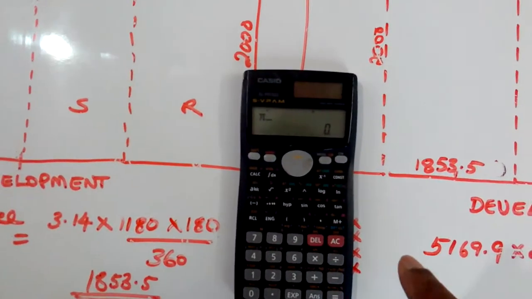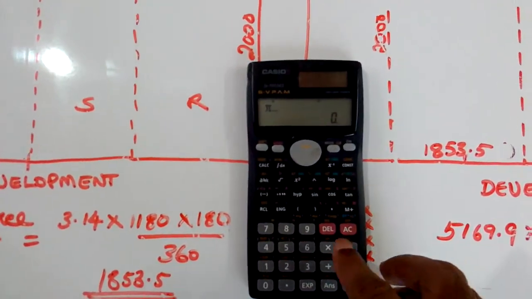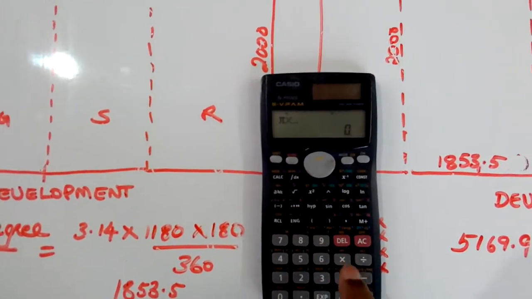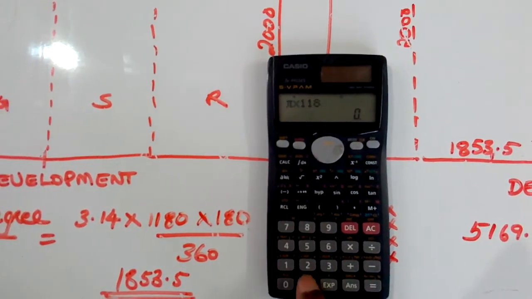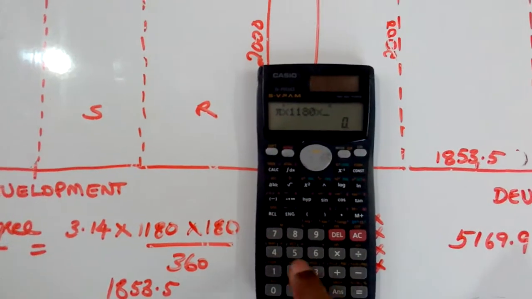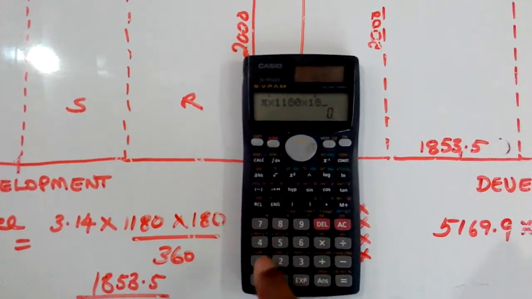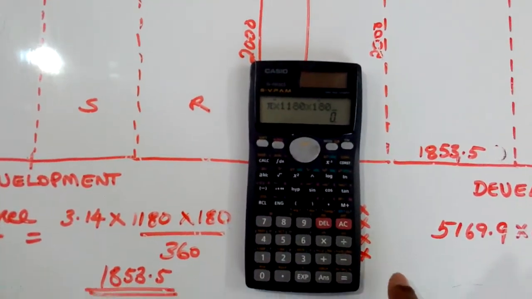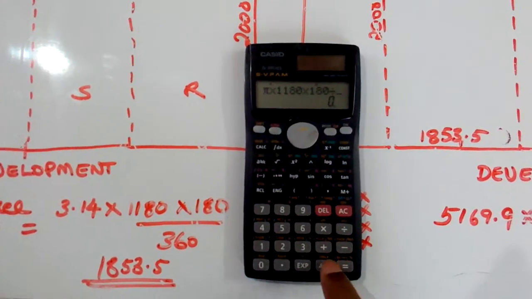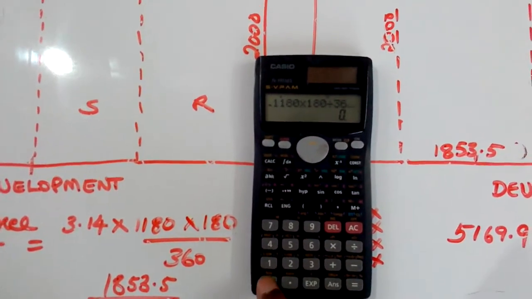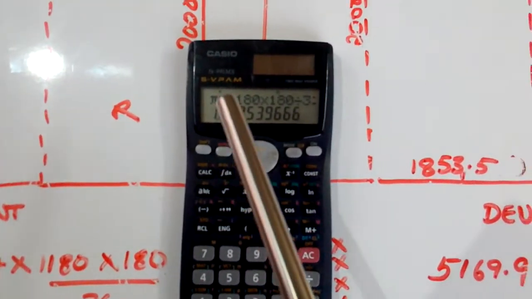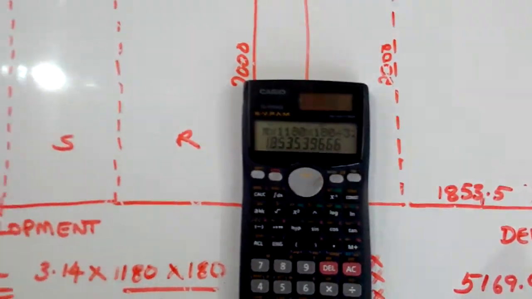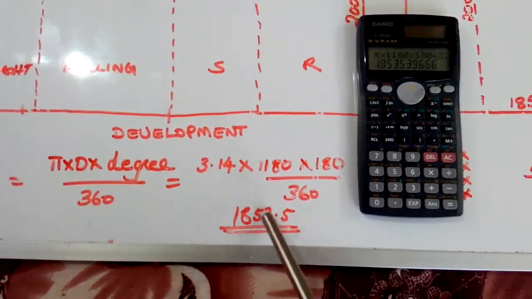Okay, pi d into degree divided by 360. Pi into d is 1180. 1180 into 180, 180 is the degree, divided by 360. We get 1853.5.